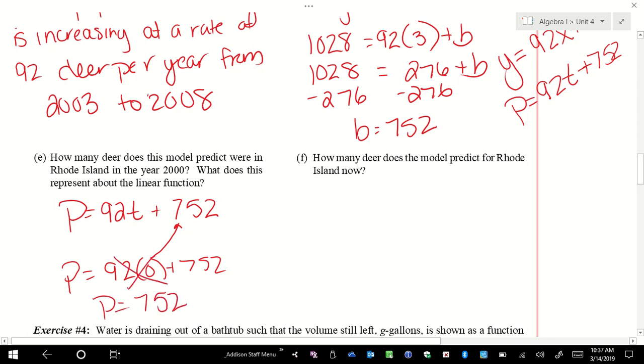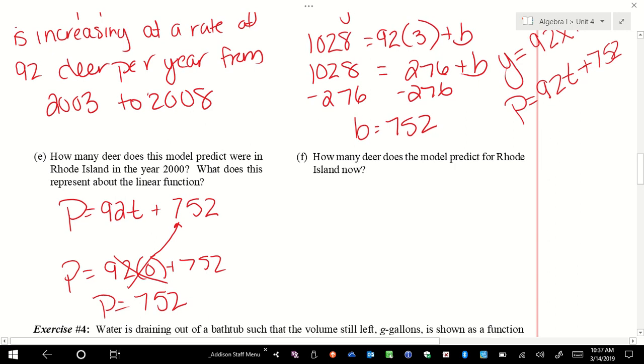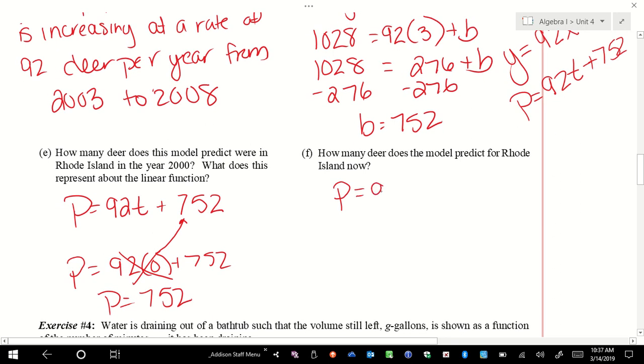How many deer right now are in Rhode Island? Well, what year are we in? We are in 2019. So we use our same equation. P equals 92T plus 752. We are in 2019. How many years are we since 2000? We are 19 years from 2000.